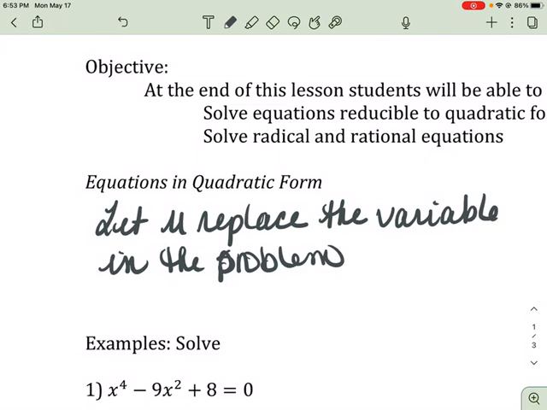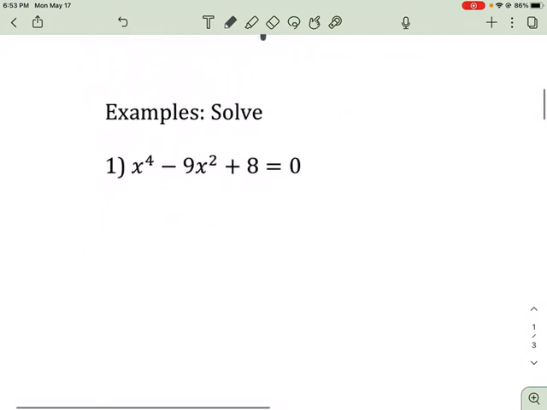Okay, now that doesn't make any sense, but basically what happens is you're going to replace the complicated stuff with u, and you're going to solve that, and it's going to make life so much easier. And it's so much easier if I just, let's do a problem.